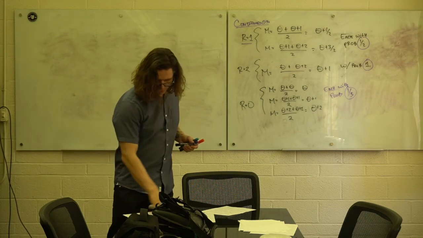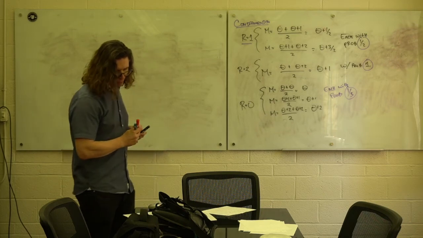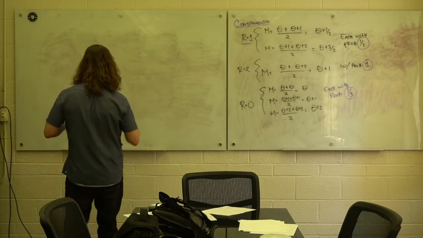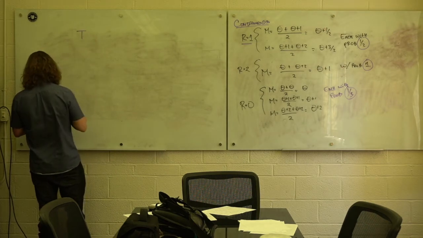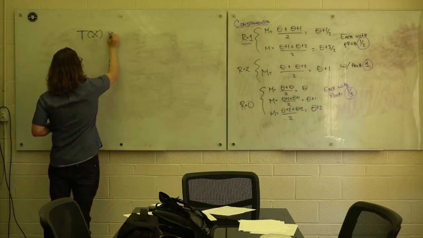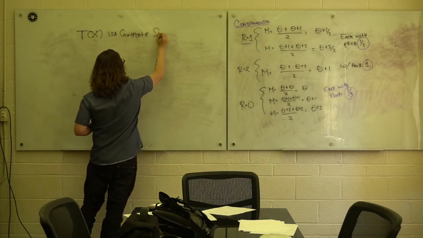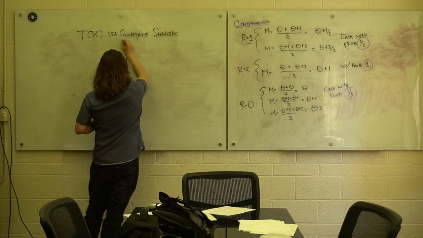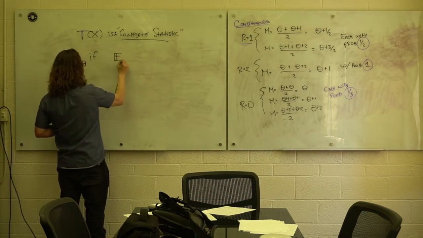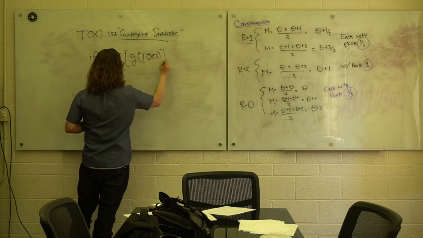So, I'll say T(X) is a complete statistic if the expectation of g(T(X)) is equal to 0.